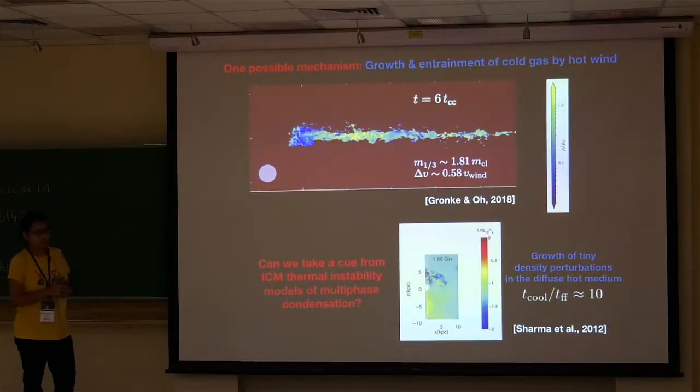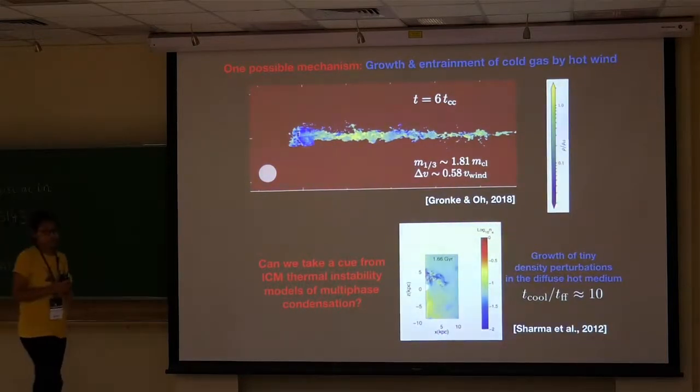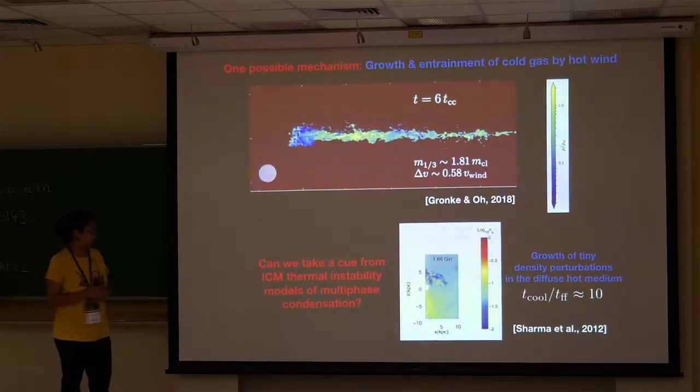We are trying to think of some other way of having cold clumps in situ in the outskirts, and we take some clue from Pratik's ICM simulations. So this is the 2012 paper which talks about the T_cool by T_ff around 10 condition for getting multiphase condensation.